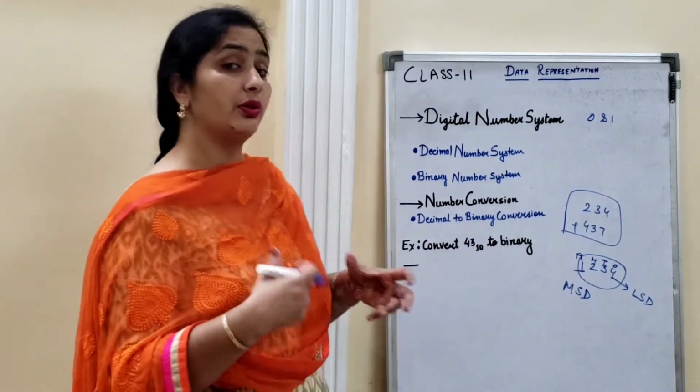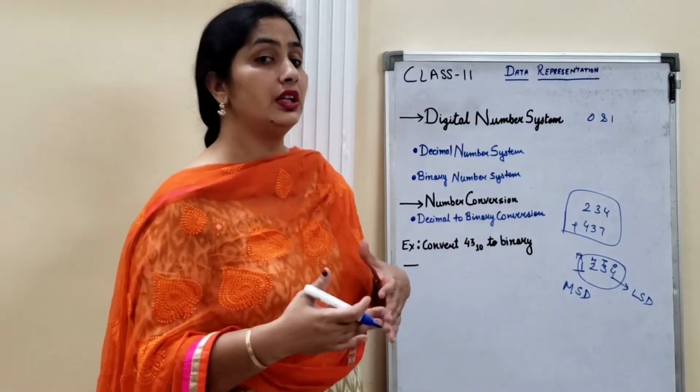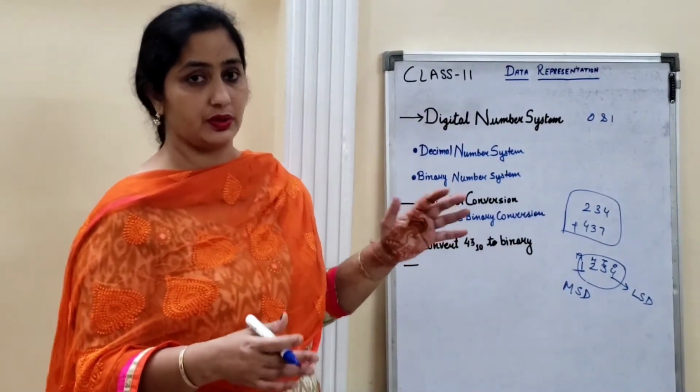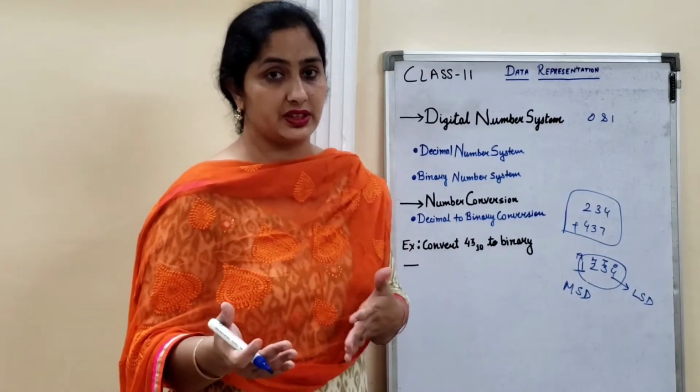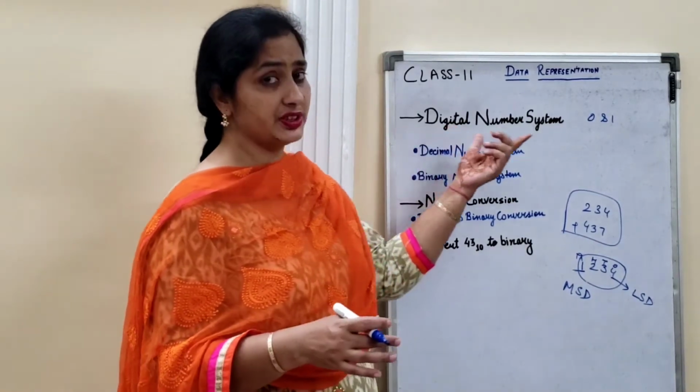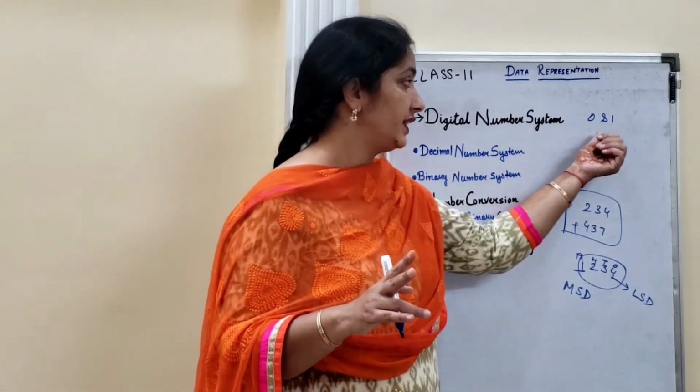Remember, these terms we are going to use when we convert our numbers into any of the following number systems. We have other number systems as well, which we are going to learn today. So the digital number system has only two numbers, that is 0 and 1.